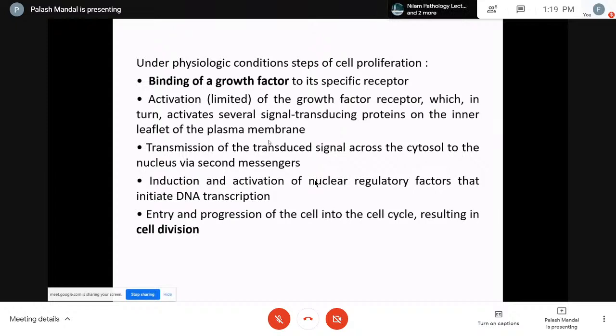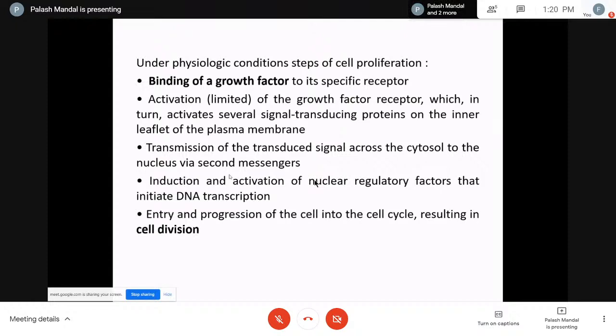So it activates the signal transduction proteins on the inner leaflet of the plasma membrane, and then what happens? The transduced signal is transmitted across the cytosol, that is the cytoplasm, to the nucleus via second messengers. Why does it have to go to the nucleus? Because the nucleus is the area where the cell division will take place.